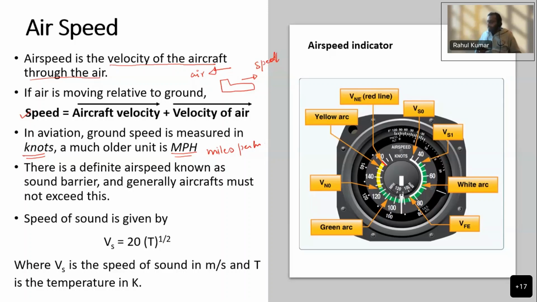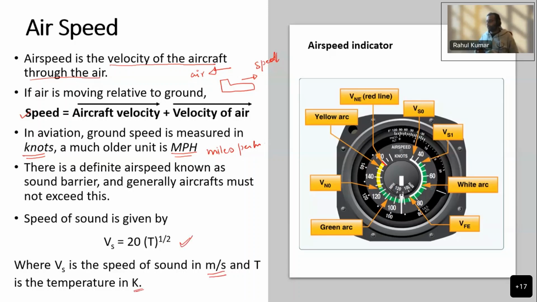Now the speed of sound is given by this equation here. Vs is the speed of sound in meters per second, and T is the temperature in Kelvin.